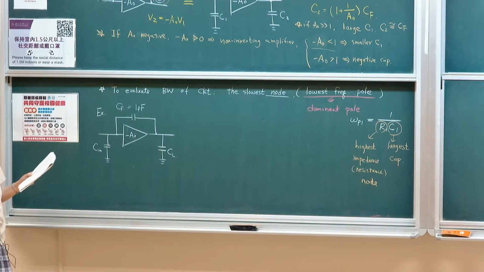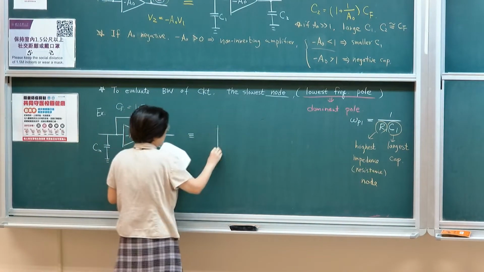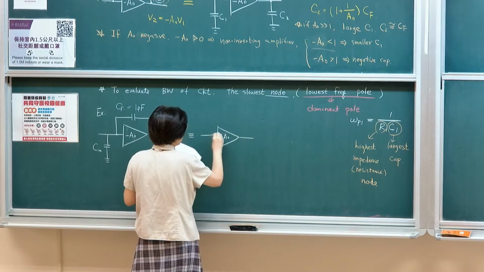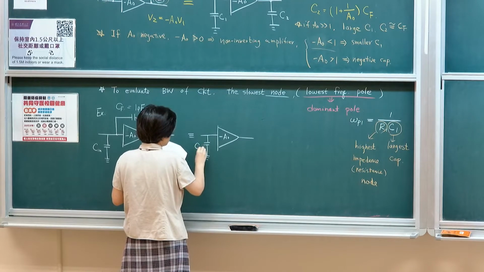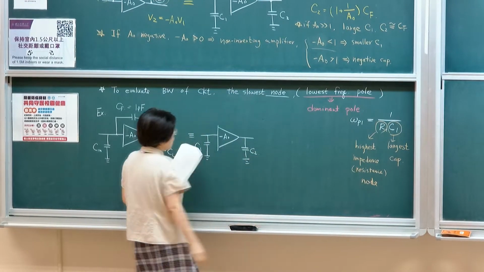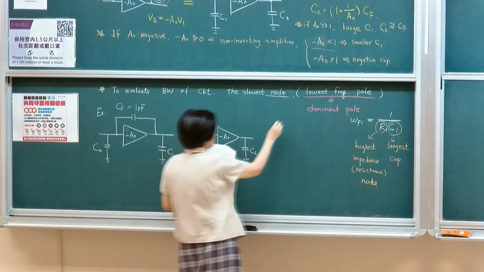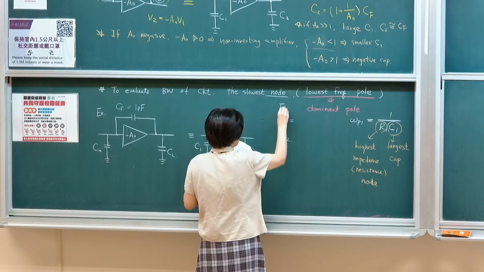So let's give a number so you get the overall. This will be equivalent to minus A. I want to determine the overall capacitance as C1, so you need to add the original parasitic capacitance to get the overall capacitance. We need to find C1 and C2.